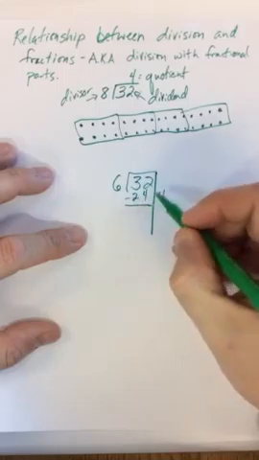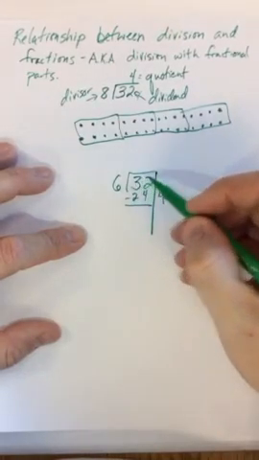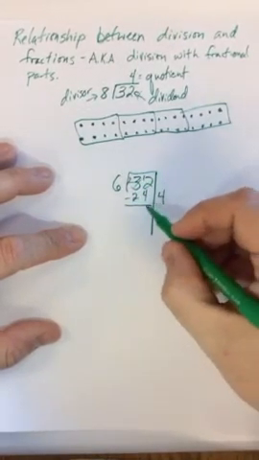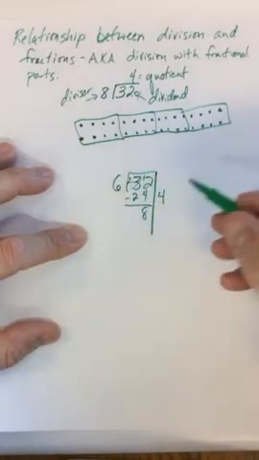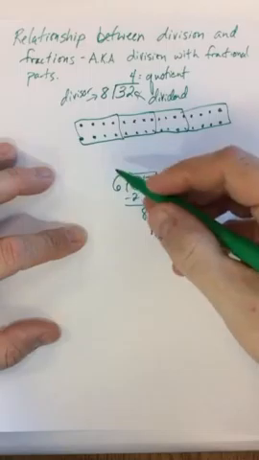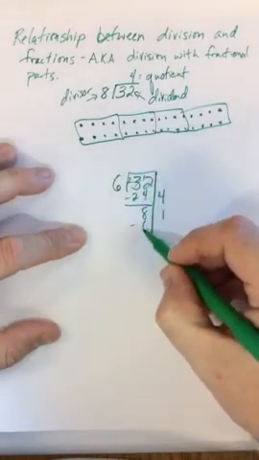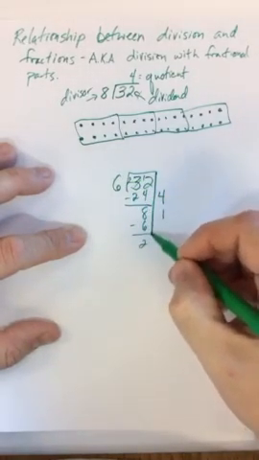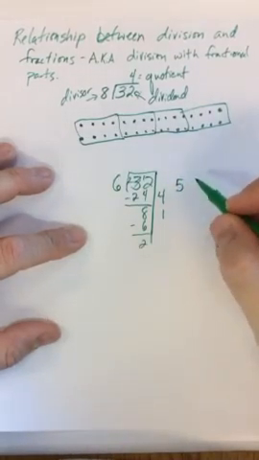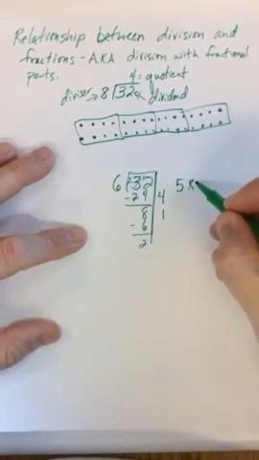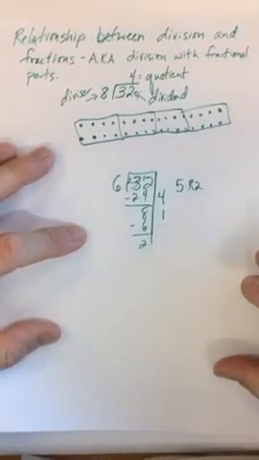I'm going to subtract. Get 8. How many times will 6 go into 8? The answer is once. I'm going to subtract 6, and I will get a remainder of 2. So most students would write their answer as 5, remainder 2.